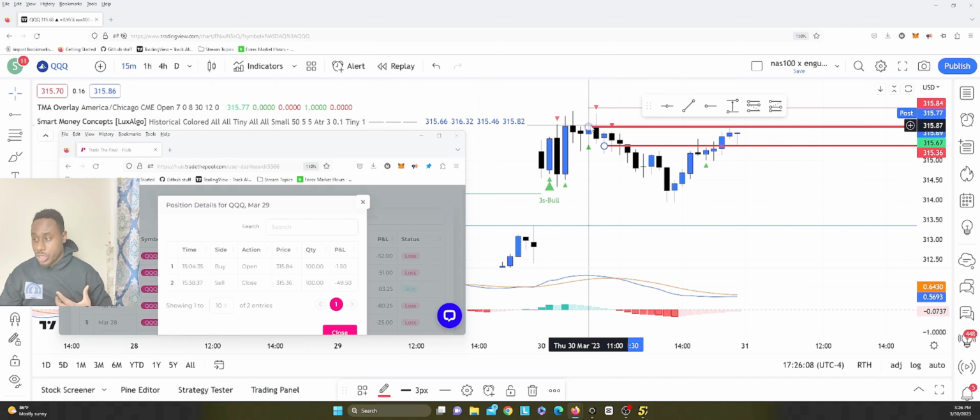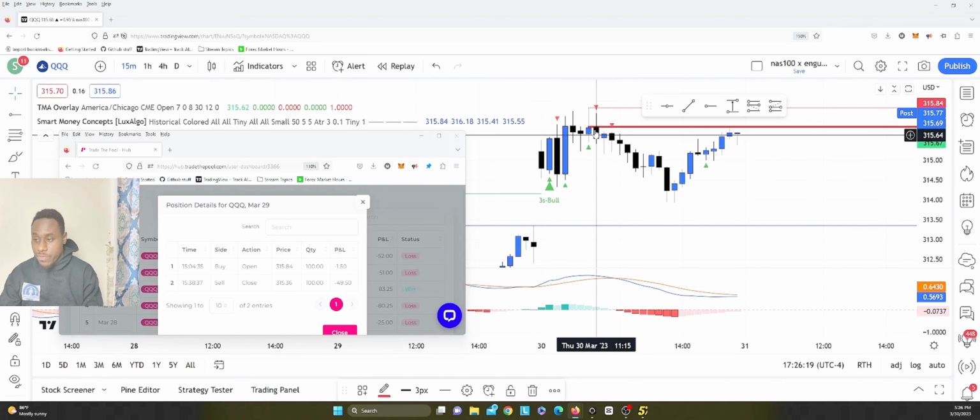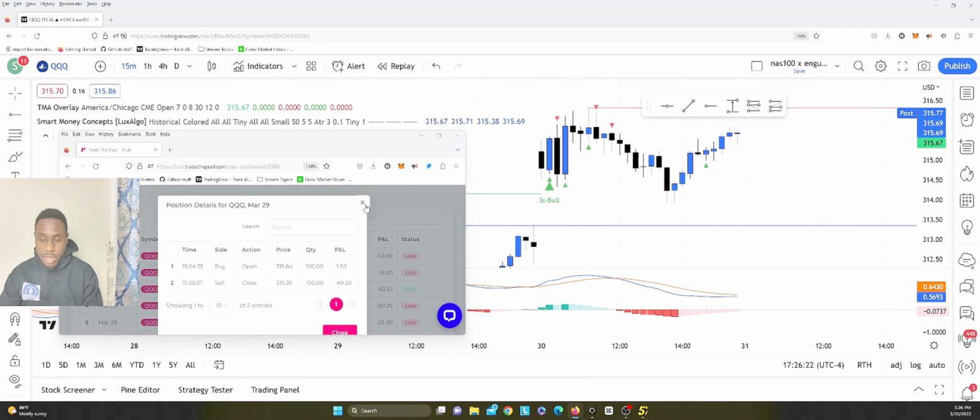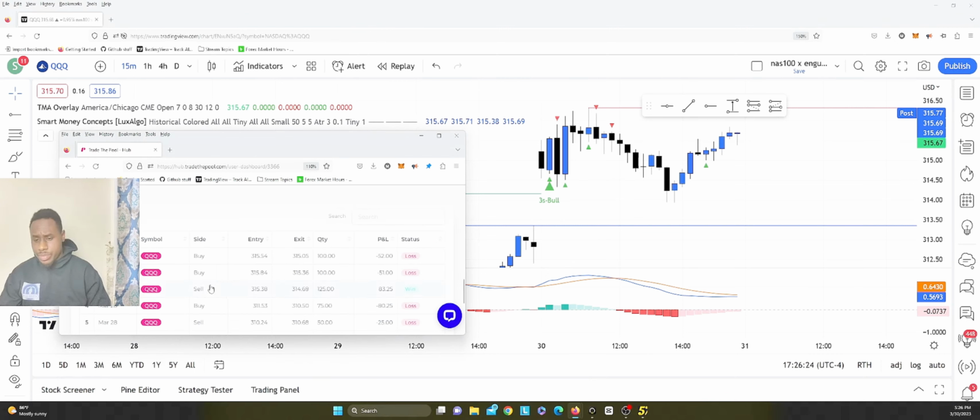So I entered here to the upside, set my stop loss a bit below the lowest point of this candle, and that ended up giving me a total loss of 49, right? So that was the second trade.